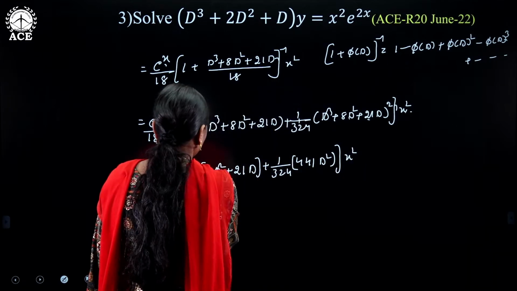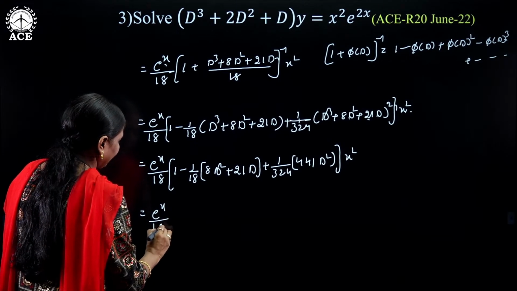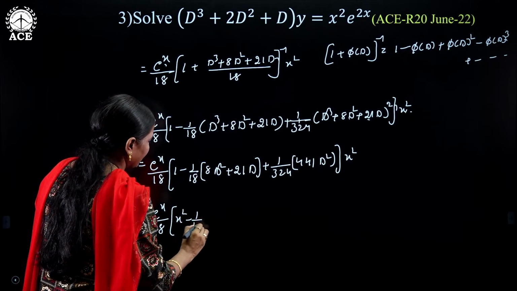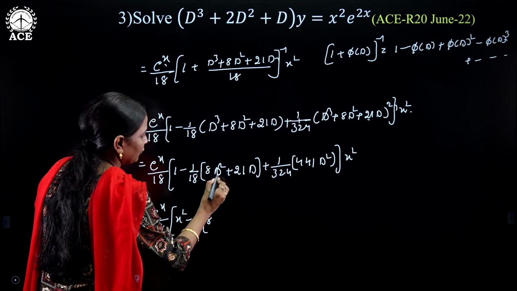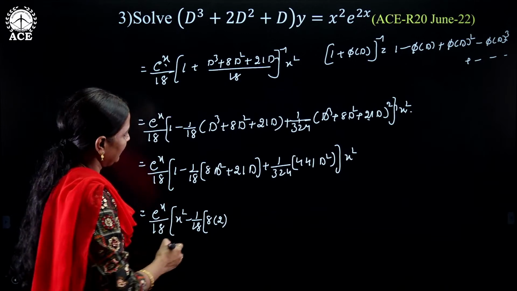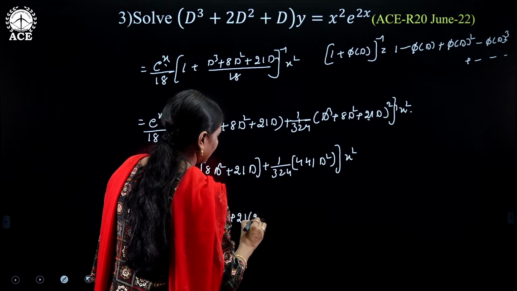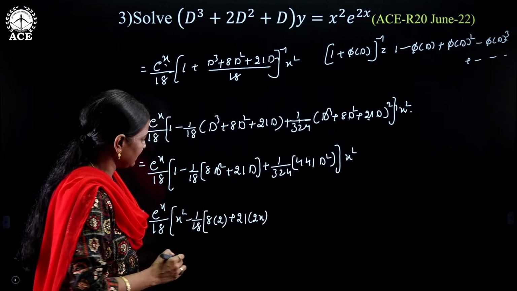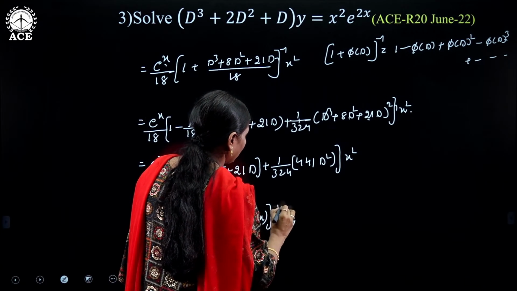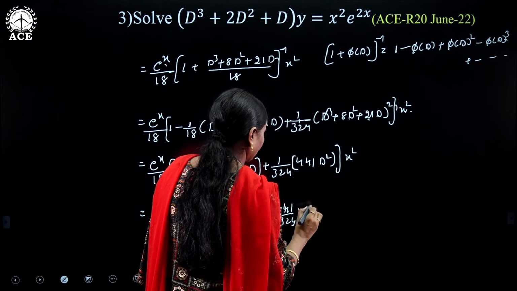Now operate this total expression with x square, so we get e power x by 18 into x square minus 1 by 18 into 8 into 2 times the differentiation of x square. 2 times the differentiation of x square is 2. Next plus 21 into differentiation of x square, which is 2x. Plus 1 by 324, that is 441 by 324 into 2 times the differentiation of x square, which is 2.